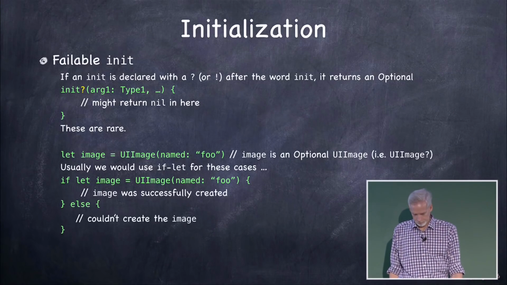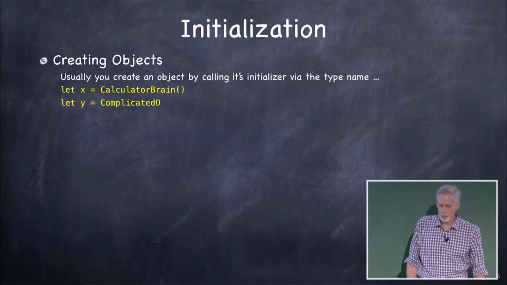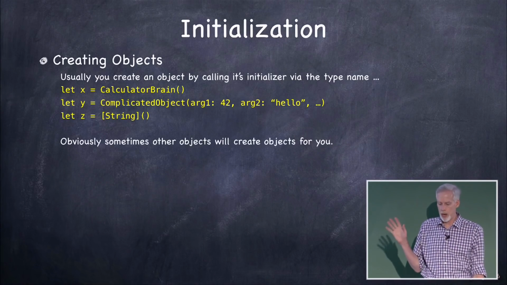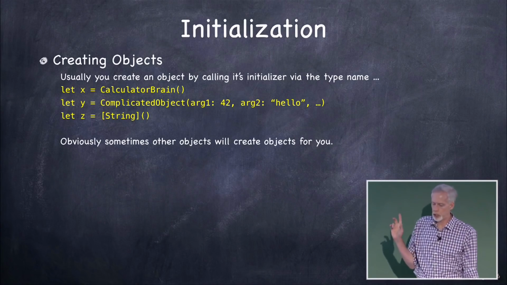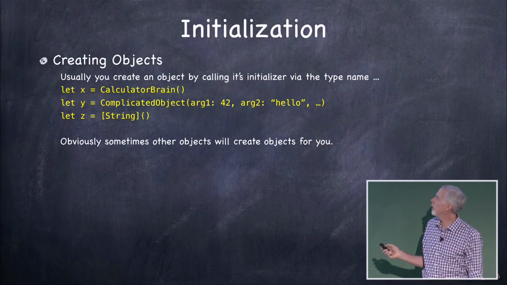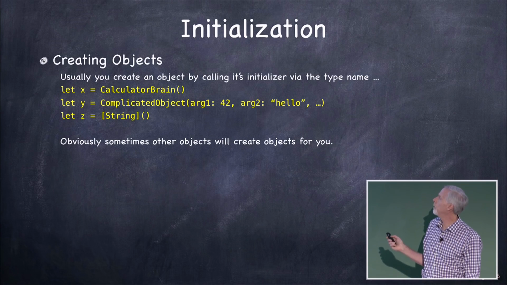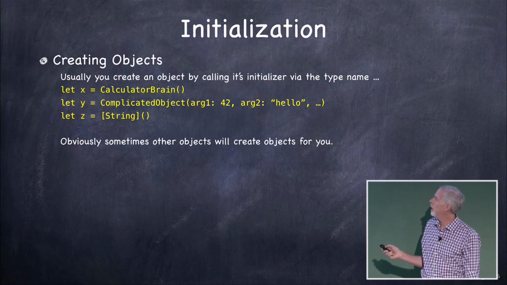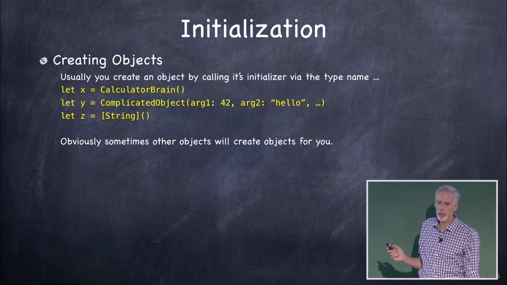All right, creating objects. Usually you create an object by calling its initializer with the appropriate arguments using the type name. So CalculatorBrain, you've seen that. Or a more complicated object with a bunch of arguments to create it. Or here's let z equals the type Array of String, initializer.